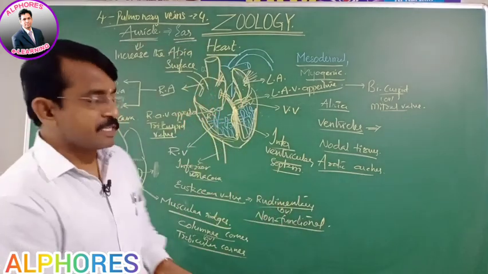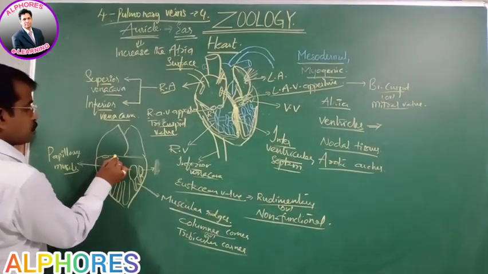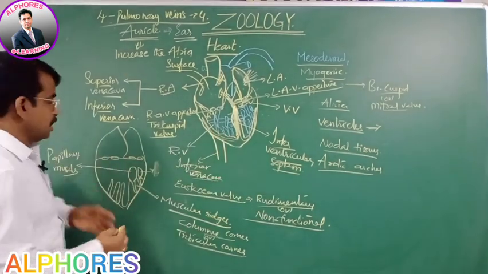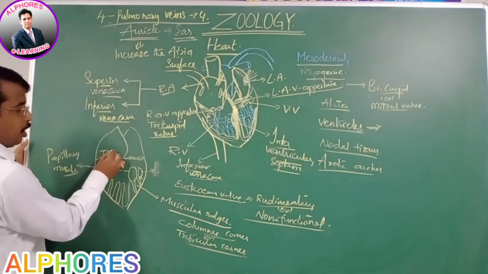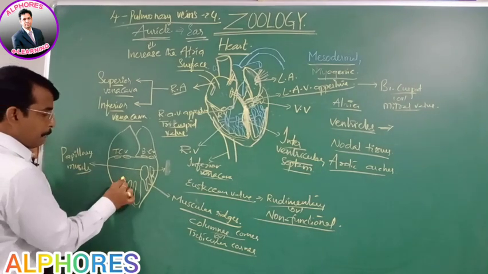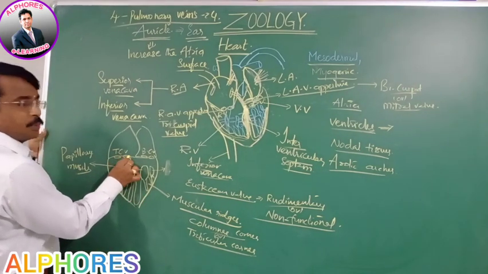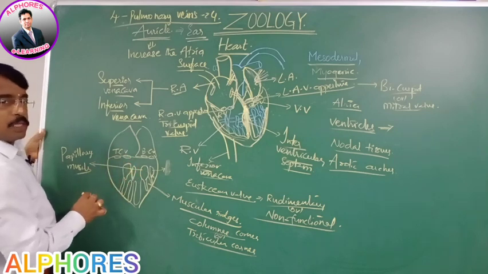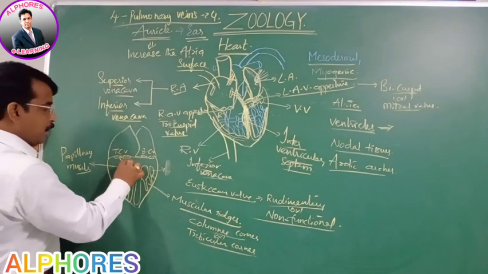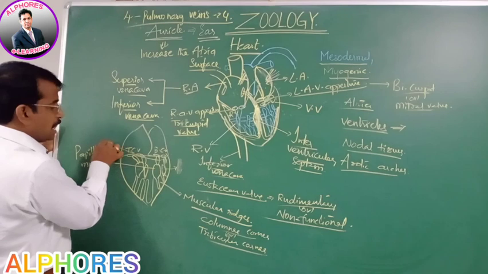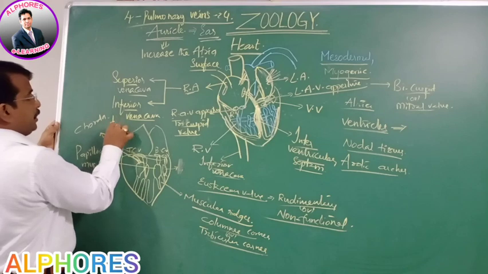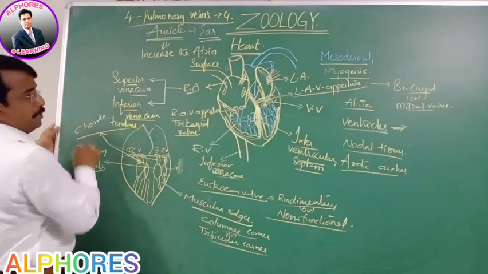These papillary muscles are connected to the AV valves. Just now we have discussed, this is the tricuspid valve, whereas this is the bicuspid valve. The papillary muscles are connected to the atrioventricular valves by means of cord-like, tendon-like structures, called the chordae tendineae.